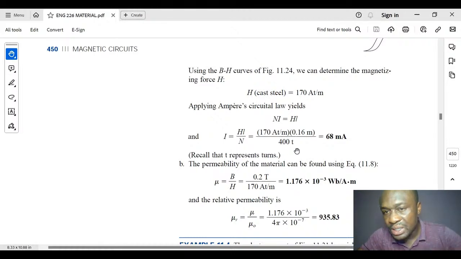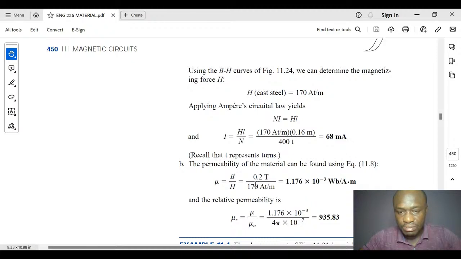I will still copy this and send to you on the platform so that you will go through it. Then the permeability of the material, which is B over magnetizing force. B over magnetizing force.